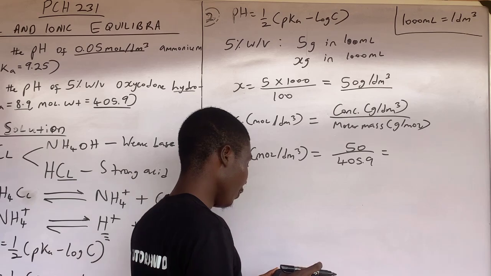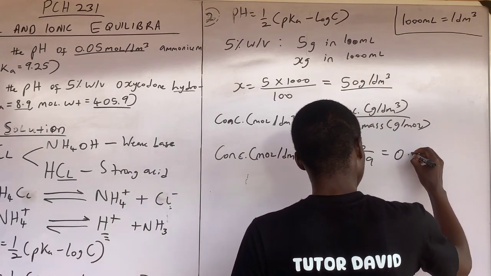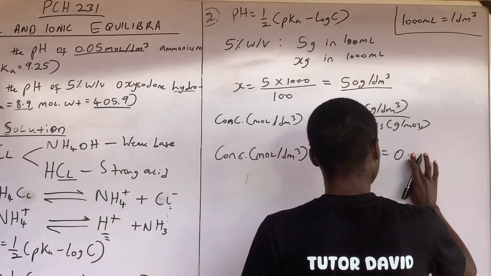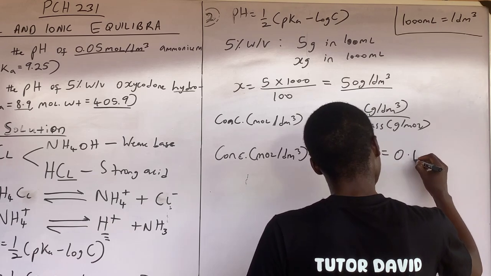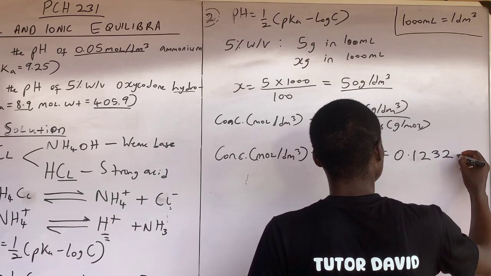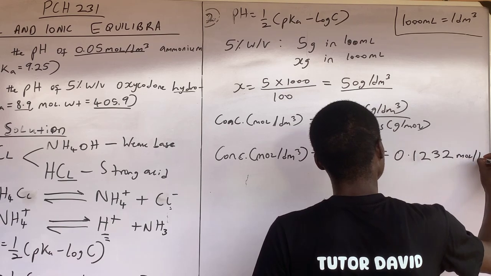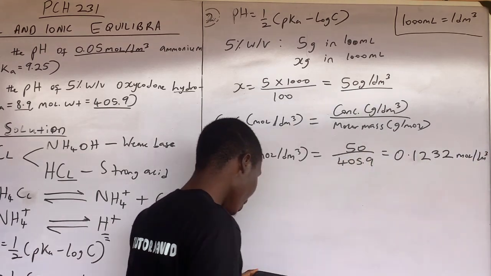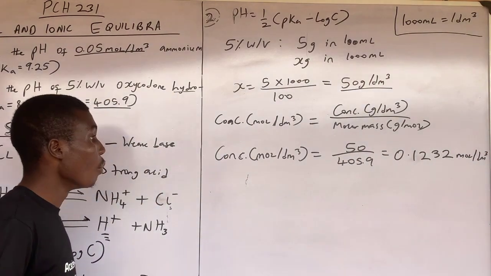If we do that very carefully, that's going to be 0.1232 mole per dm cube.